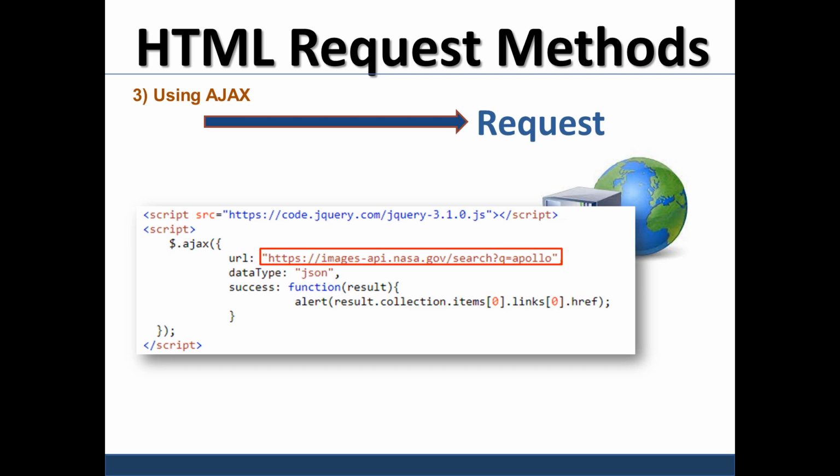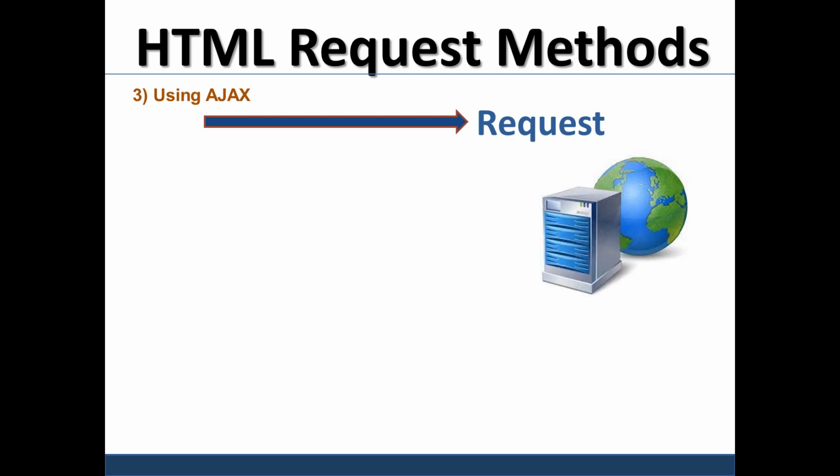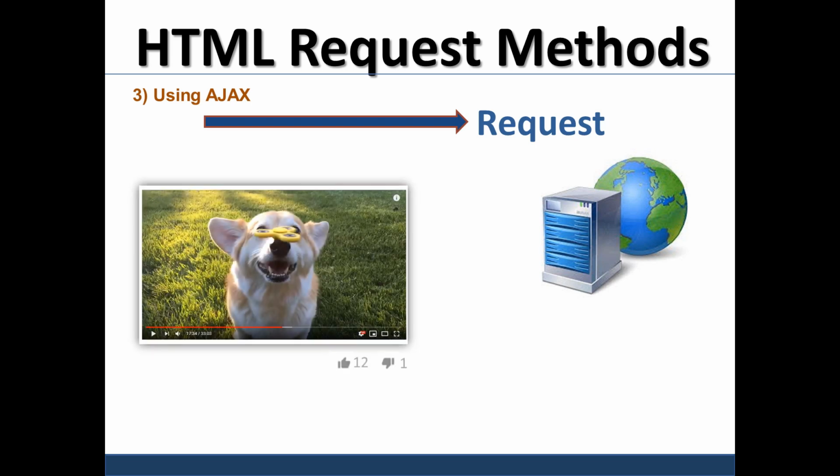With AJAX, it is possible to get information from external sources, such as databases or web APIs, and update a specific portion of a web page without reloading the whole page. For example, when watching a YouTube video and clicking on the like or dislike icons, an AJAX request is made to update the number of likes in the web server.